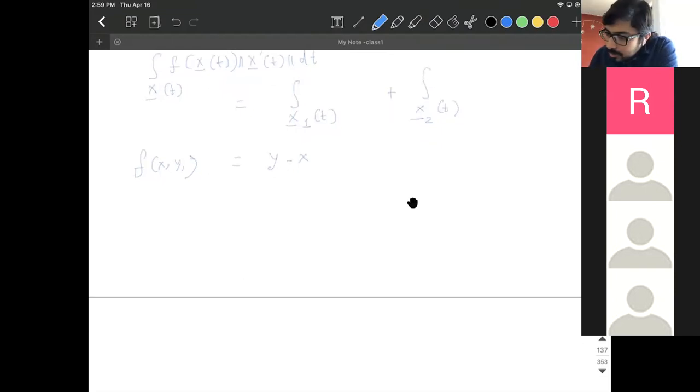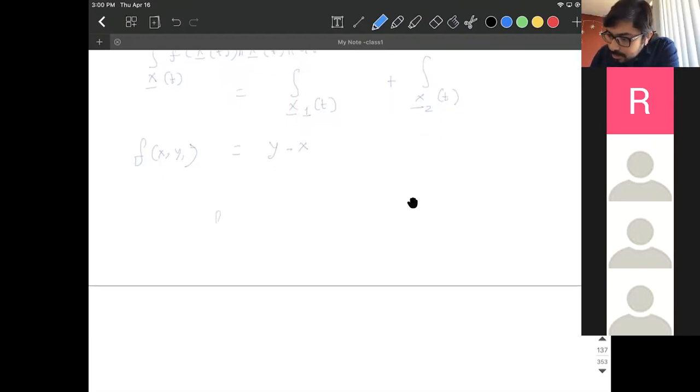And then let's write out what the function evaluated at x(t) looks like for these two divisions. So between 0 and 1, what is f of x(t)?